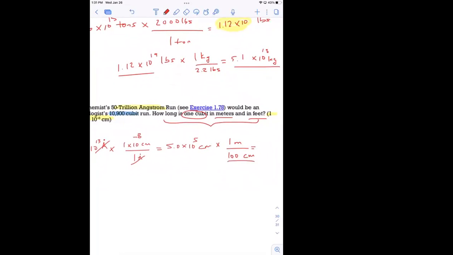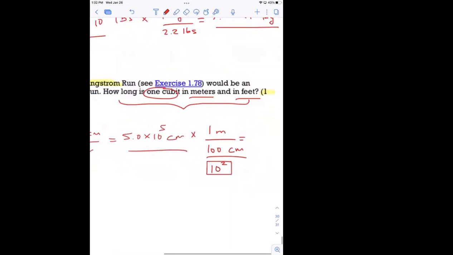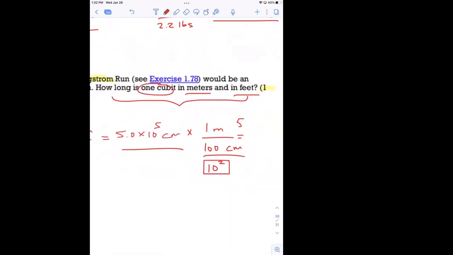Keep in mind 100 is 10 to the second. But since it's in the denominator, when I do this calculation, that number is going to flip to the top. So it's basically multiplying 5 times 10 to the 5th times 10 to the minus 2. When we do that, we end up with 5.0 times 10 to the 3rd meters.